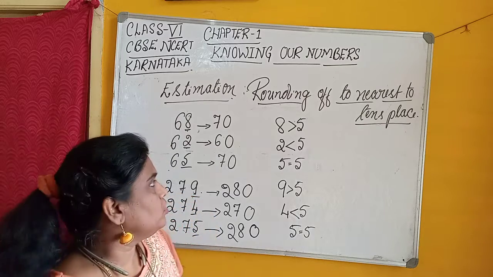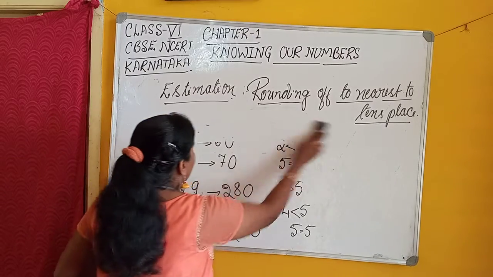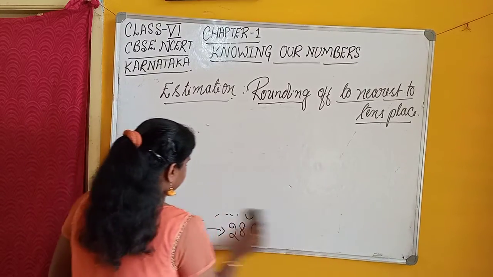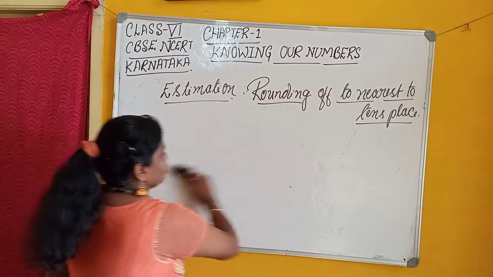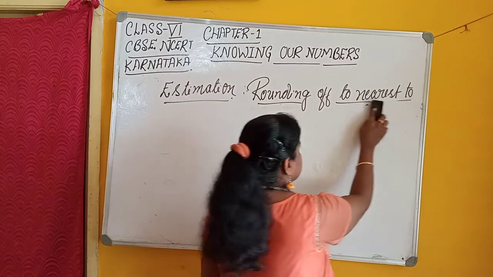Now, let us move on to rounding of the numbers nearest to hundreds place. How are we rounding the numbers nearest to hundreds place?